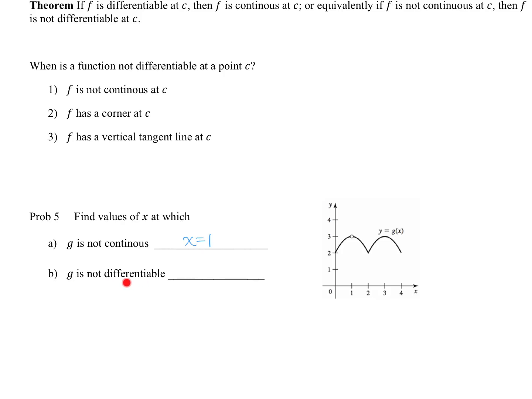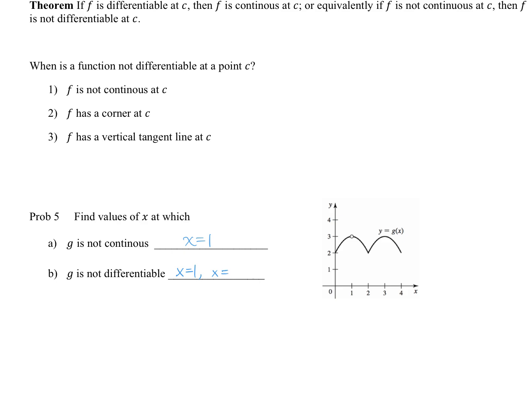What about where this function G is not differentiable? Well, then we have to look through all these. This is where the function is not continuous, therefore it is not differentiable. And then there's a sharp corner here, where the derivative from the left and derivative from the right have different slopes, and therefore this is not differentiable.